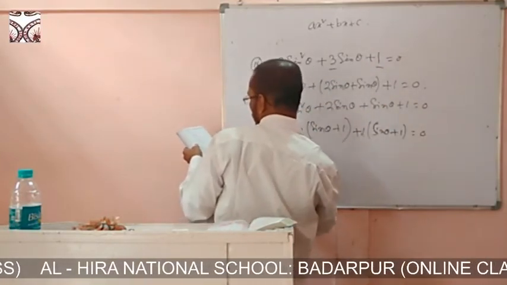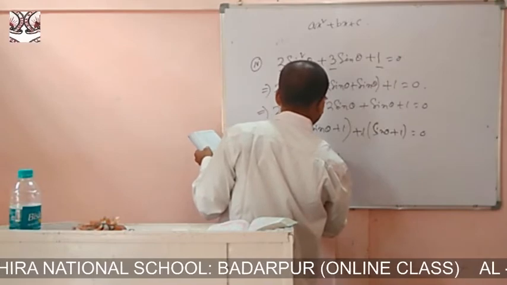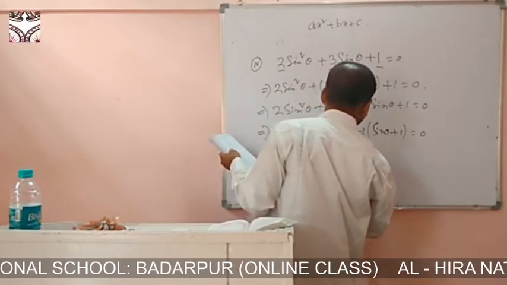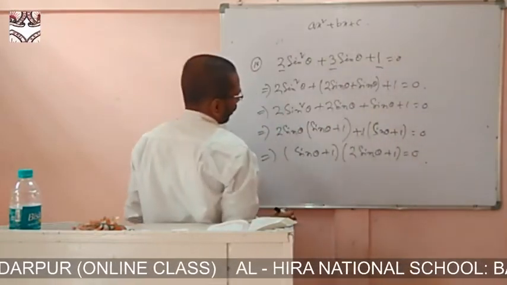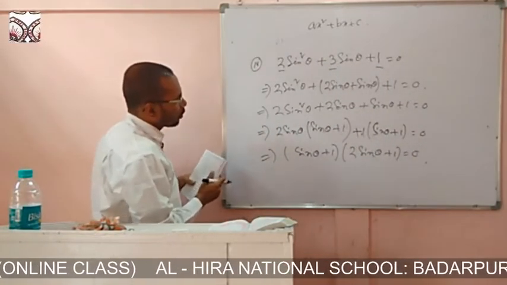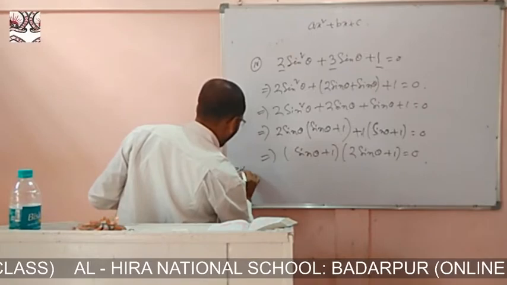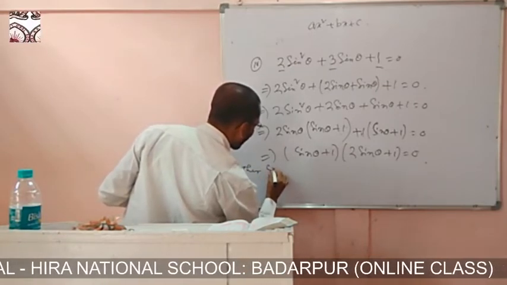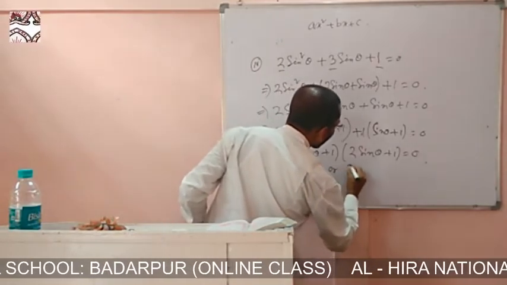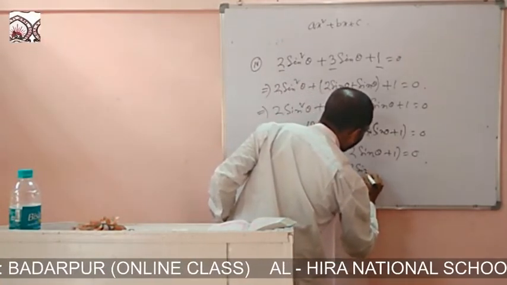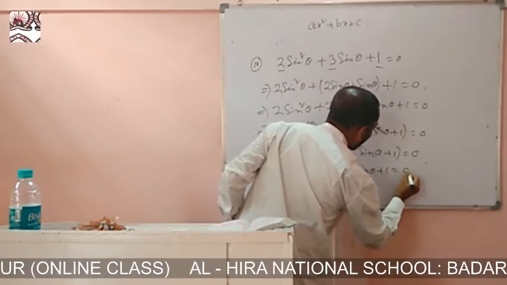So sin theta plus 1 into twice sin theta plus 1 is equal to 0, like our algebraic solve. So either sin theta plus 1 is equal to 0, or twice sin theta plus 1 is equal to 0.